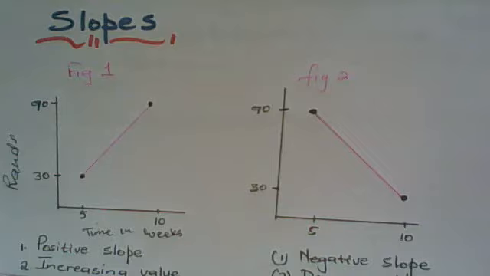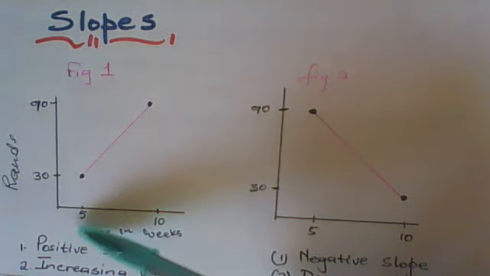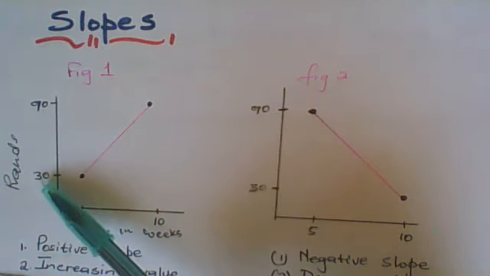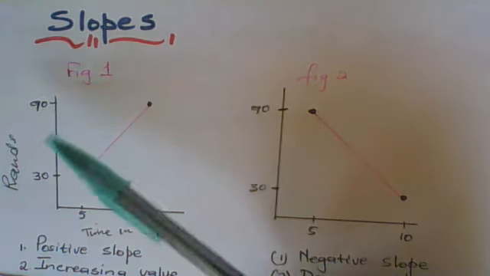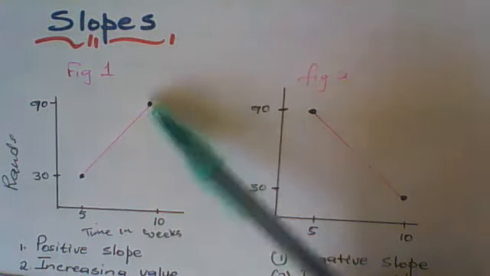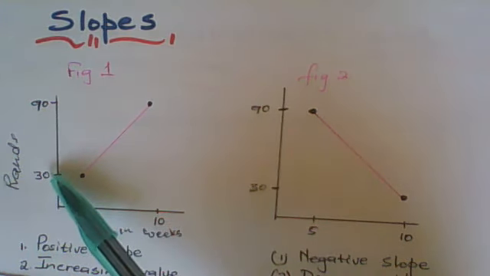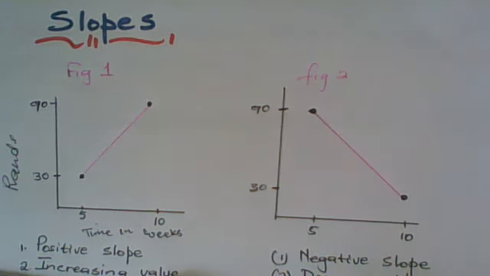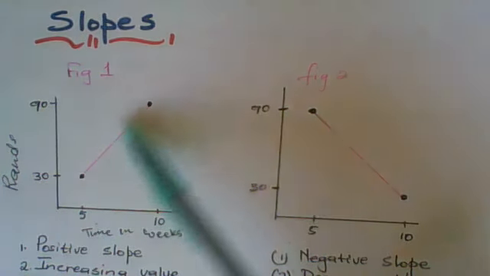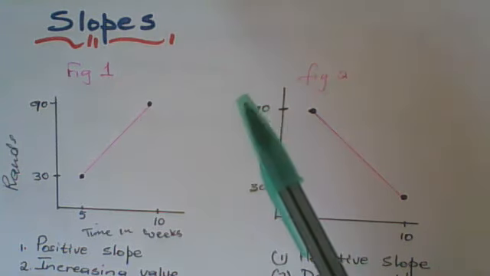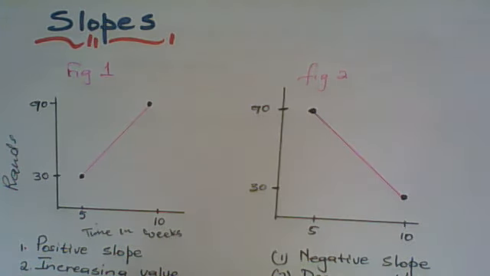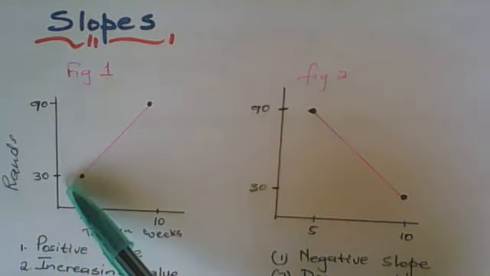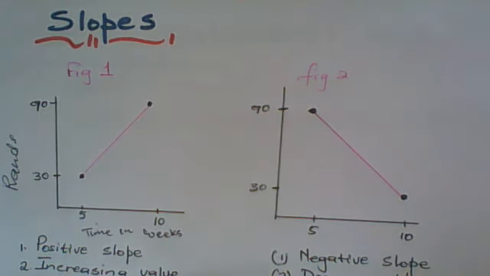Now suppose John worked 5 weeks to earn 30 rand, and when he worked for 10 weeks, he got 90. That means the value increased from 30 to 90. That is why, if the trend is positive, an uptrend, then the value will increase. The movement is from a low position to the highest position.